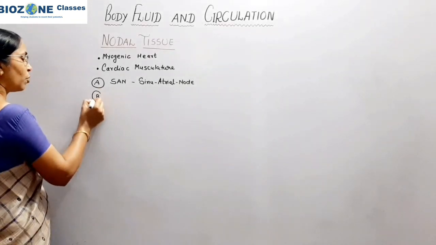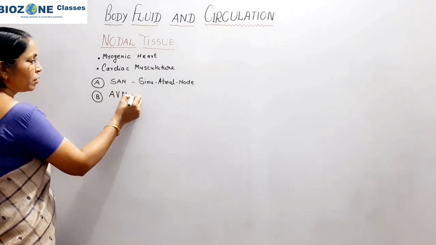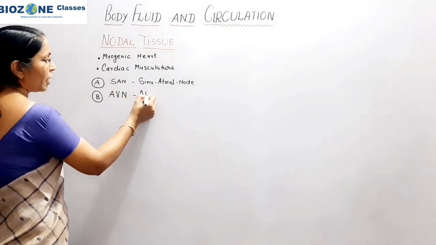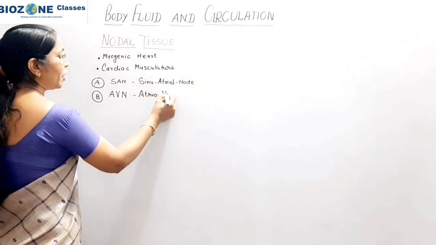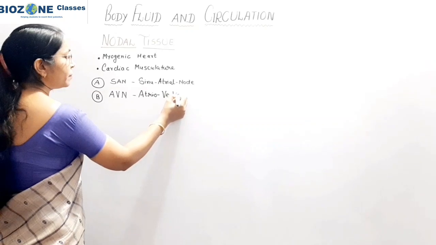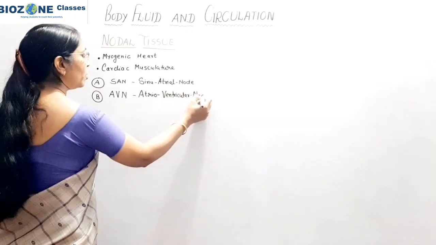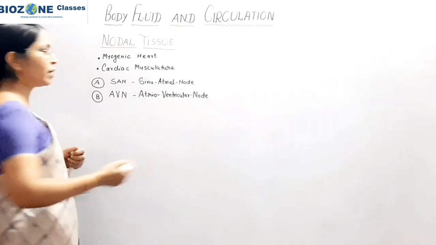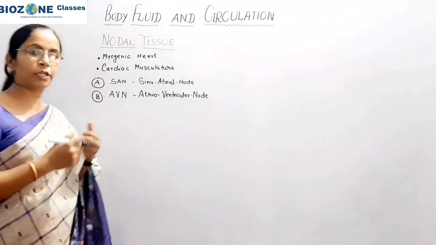The second is called AVN, that is the atrioventricular node or nodal tissue. Simply we say atrioventricular node. So these are the two nodal tissues.